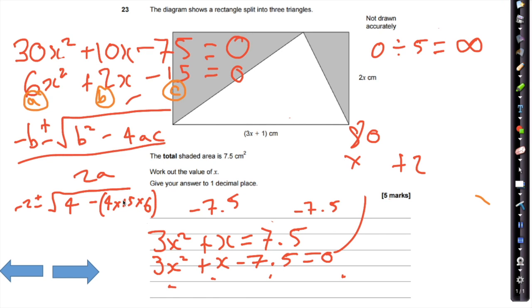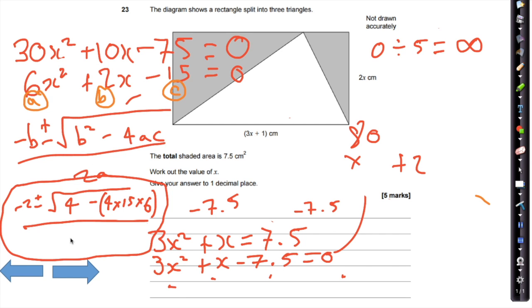So sorry if I've confused you there, I've just mixed my c and a, so I've just swapped them around because it doesn't matter in multiplication which number you put first. Over 2a, and a is 6, so 2 times 6 is going to be 12.